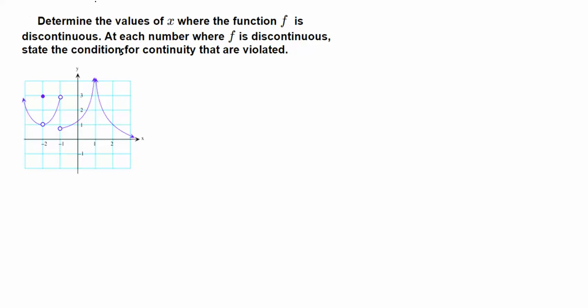We know the definition of continuity. For a function f to be continuous at a, the limit of the function as x approaches a should exist and should be equal to the function value at a.